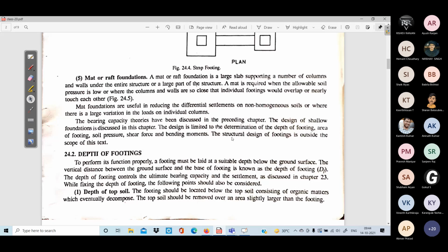Nowadays, many of our high-rise buildings in cities are designed resting on the raft foundation only, because the allowable settlement can be larger and there won't be differential settlement. So generally we go much deeper.